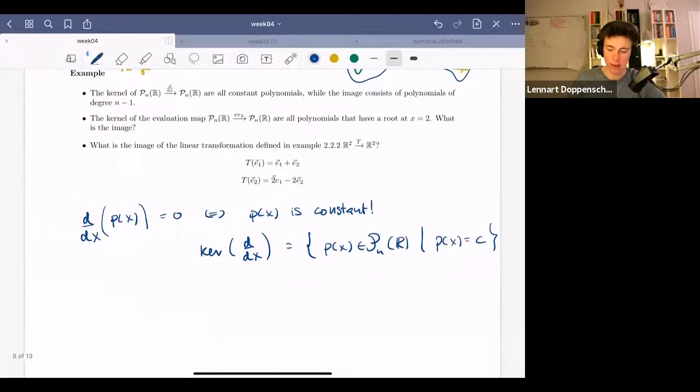What about the image? Oh, I already wrote this here. Okay, and you can also observe that if you take the derivative d/dx of p0 + p1x + p2x^2 all the way up to pn x^n, what happens is that the p0 is just gone, and we have the ith coefficient pi with one less power of x.